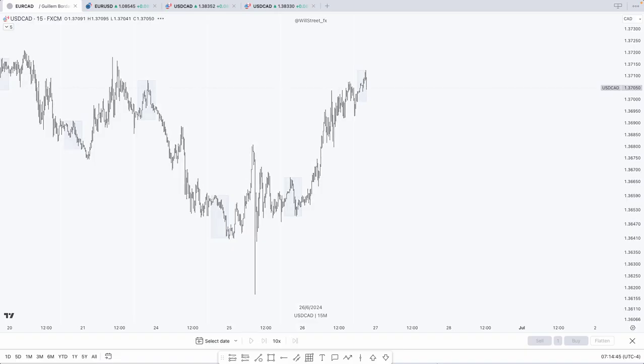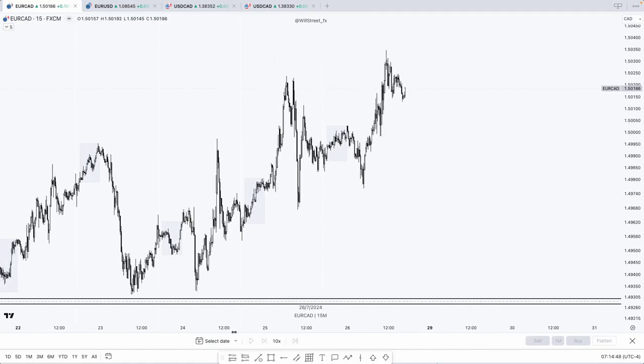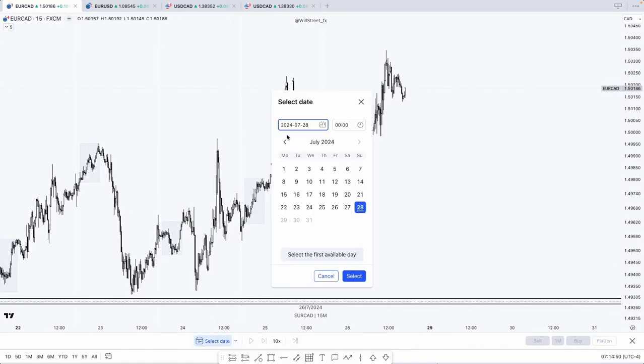So let's find some example. In this case, EURCAD, because, as I said, this happens on every single asset, every single day.